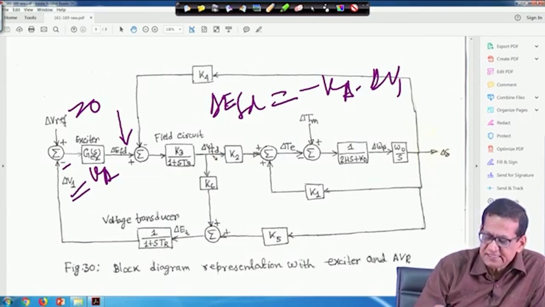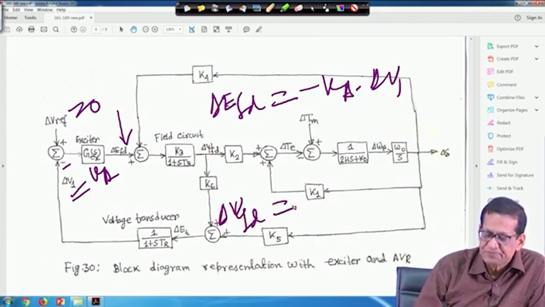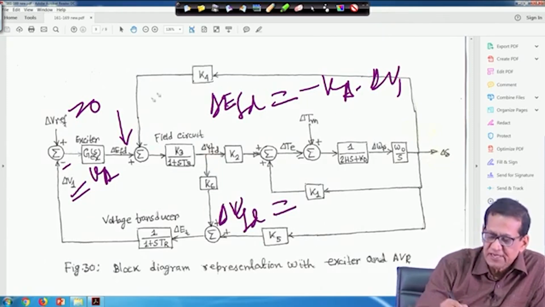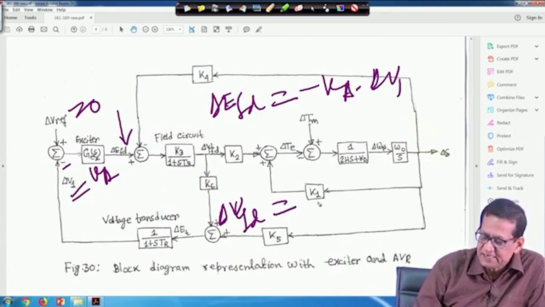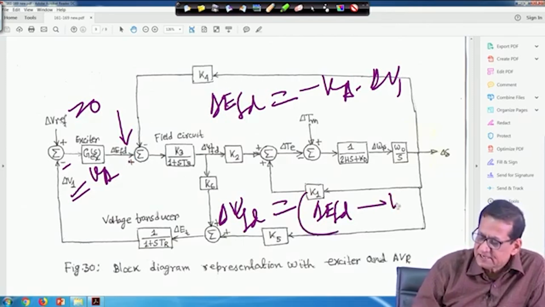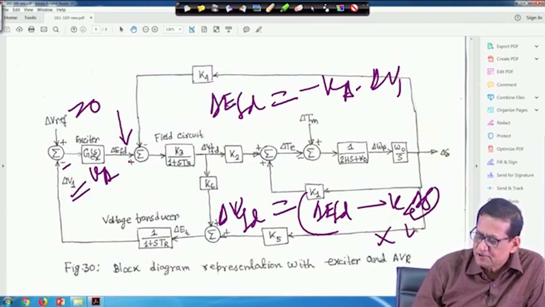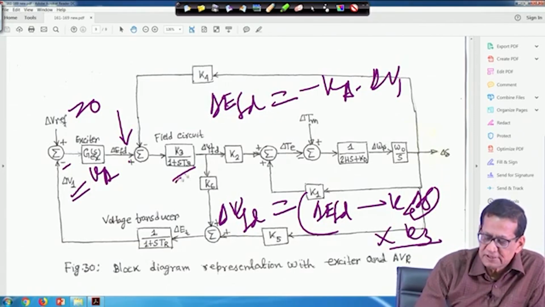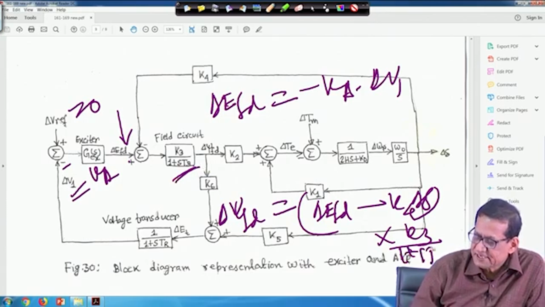Now, delta psi f d, if you write it, on this side it will come k 3 delta E f d, and on this side minus k 4 delta into k 3 upon 1 plus S T 3.